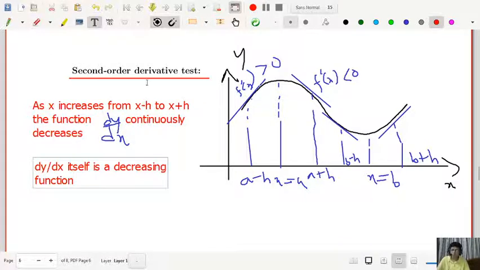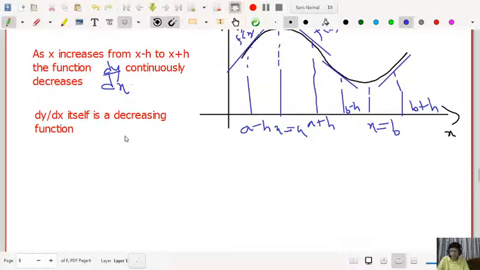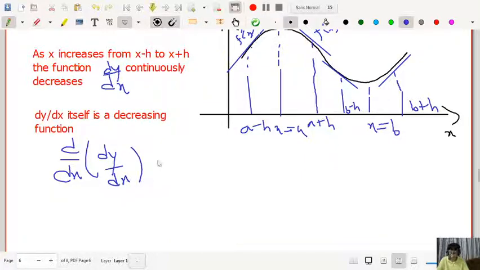And we know from the increasing decreasing concept that, let me write, d/dx of dy/dx is less than 0 in a minus h comma a plus h.